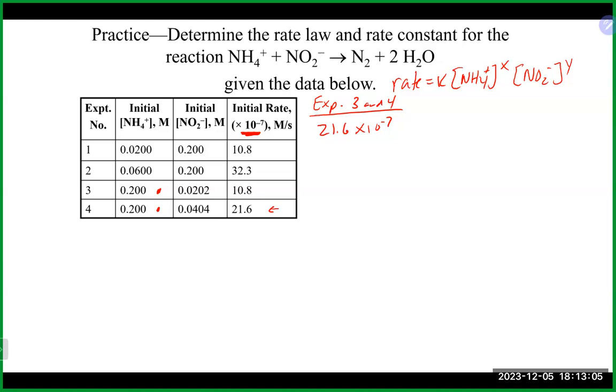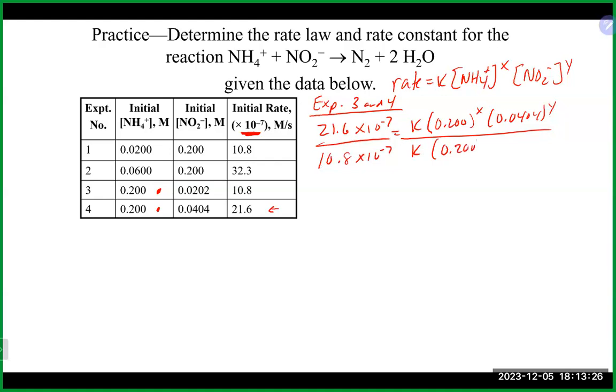So we'll do that: that is equal to our k times our 0.2 to the x and our 0.0404 to the y. Here we'll put everybody from 3 on the bottom, 10.8 times 10 to the minus 7, k, 0.2 to the x, and 0.0202 to the y.